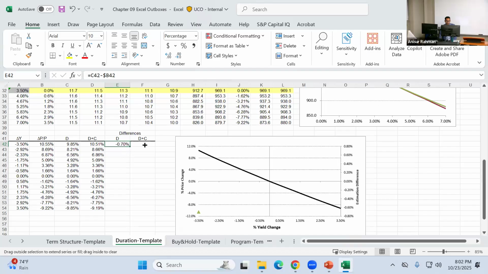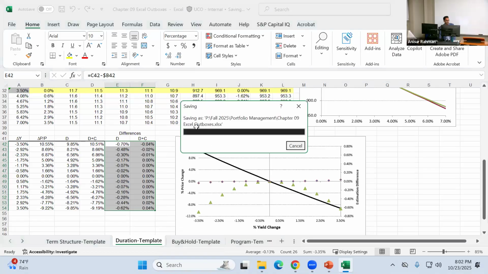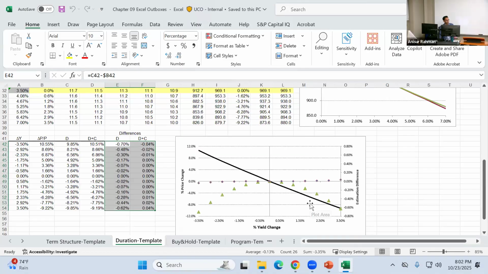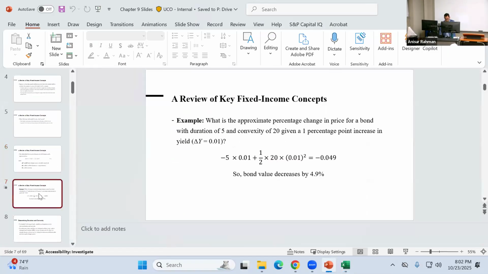Okay, and then pull down, pull across, and then pull down without formatting. And you should have this nice chart here, right? Okay, so let's focus on this chart. Does everyone have this? Yeah, very good. So I have this chart here too.